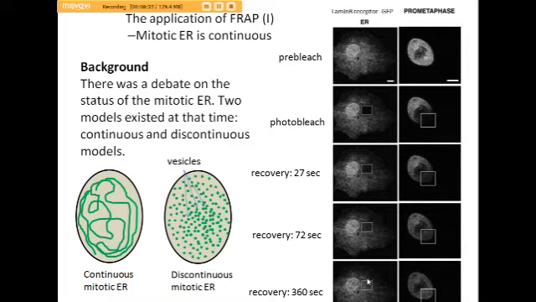So this qualitatively shows that the ER during mitosis is still continuous. If there were vesicles, the vesicle diffusion would be much slower than two-dimensional diffusion of membrane protein along continuous ER membrane. So if mitotic ER is numerous vesicles, we will not have this fast kinetics of FRAP.